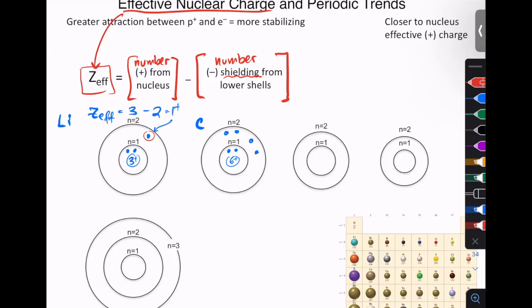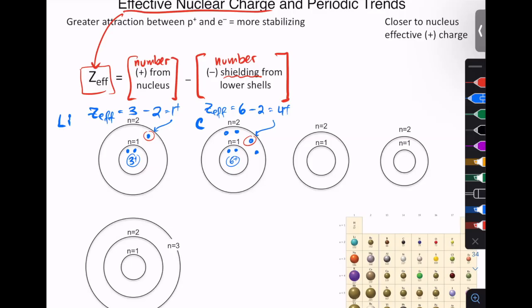I can circle any of these 4 to do this discussion on. Let's just circle one of them. The effective nuclear charge on that one is the number of positive charges in the nucleus, that's 6, minus the shielding, 2. That's going to be equal to 4 positive.